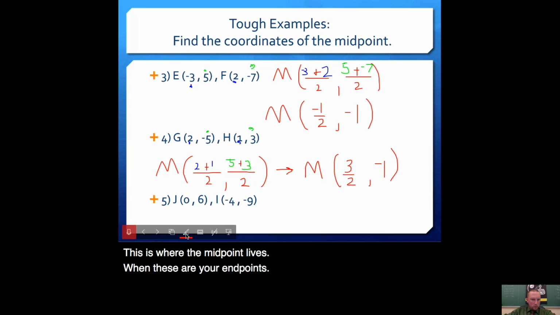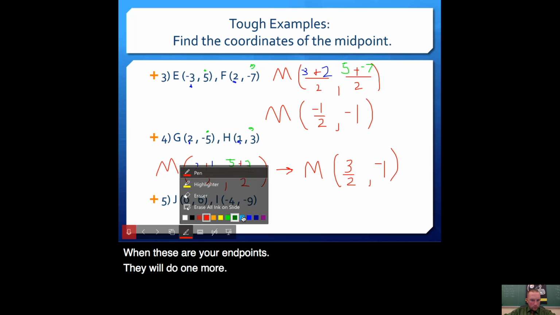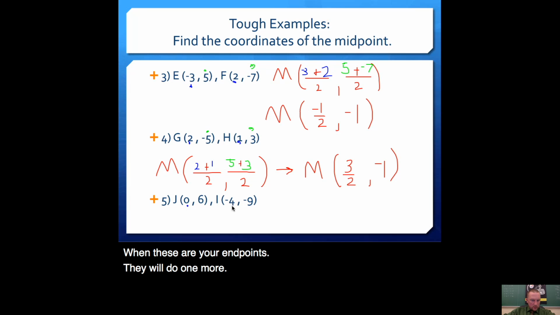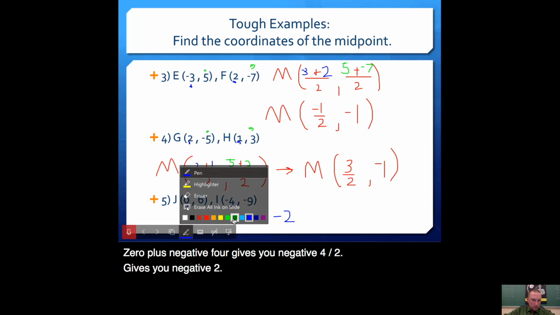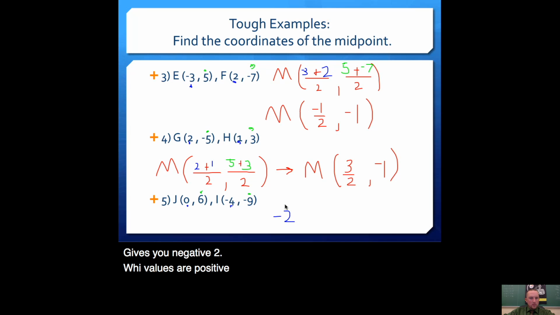Okay, we'll do one more. X values, 0 plus -4 gives you -4. Divided by 2 gives you -2. Y values are 6 and -9.